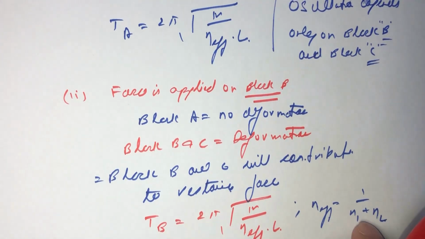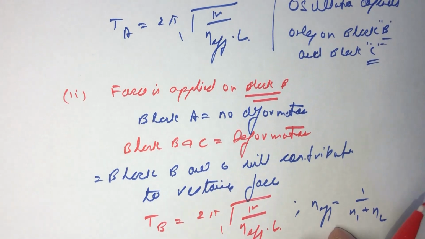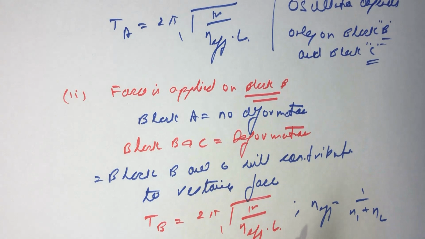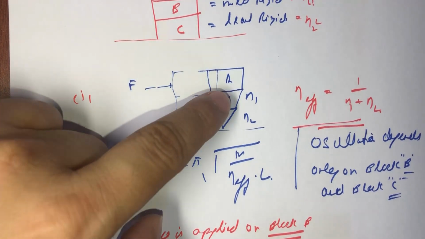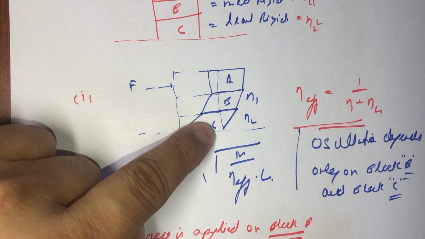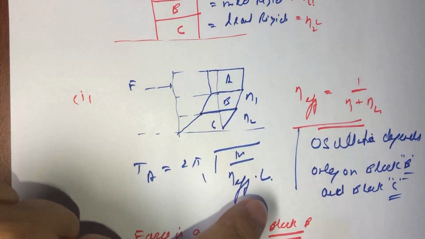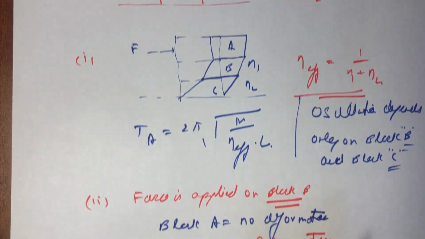So from here we can draw the conclusion that the period of oscillation is dependent only upon the bodies or blocks which contribute to the restoring force. When the force is applied on A, block B and block C contribute to the restoring force, so η effective is 1 upon η1 plus 1 upon η2.